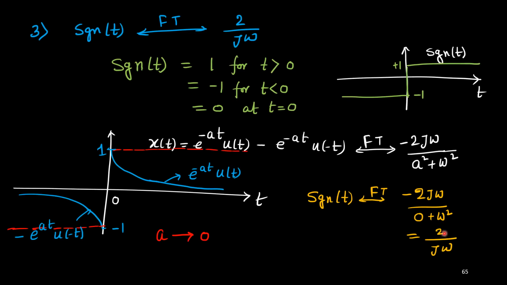If you simplify, it will become 2 upon j omega, because j square equals minus 1, 1 j will cancel out, and minus minus cancel out, you will get 2 upon j omega. So this is a useful result: sgn t, or signum t, its Fourier transform is 2 upon j omega.